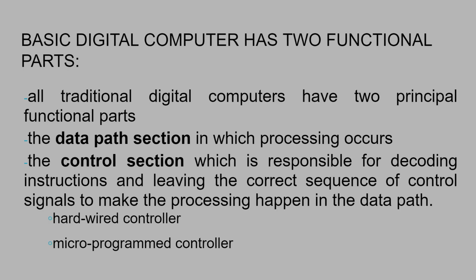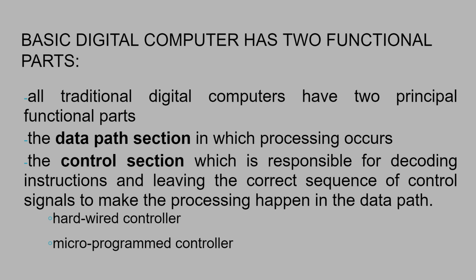Alright, starting with the components of a digital computer. We have two functional parts in any traditional digital computer: the data path section and the control section. The data path section deals with the processing of data, and the control section basically tells the data path section what next step it should perform in order to complete the instruction, and the control section does it via control signals.